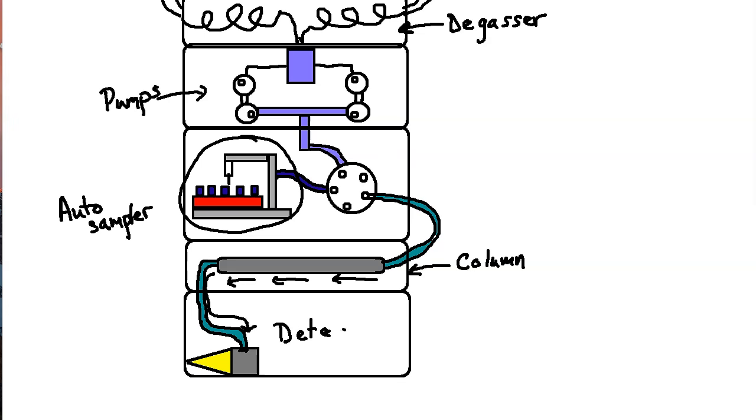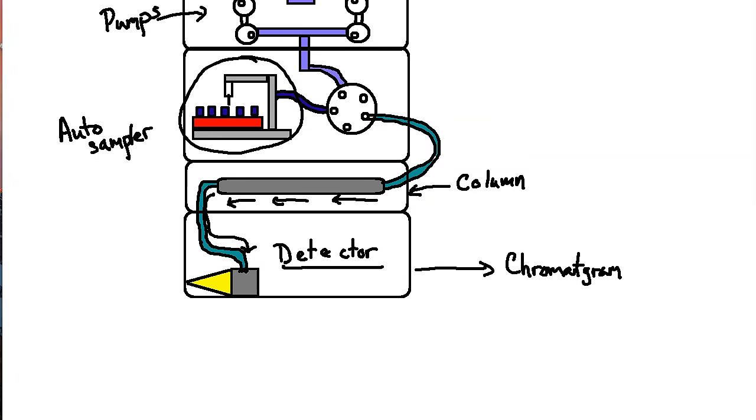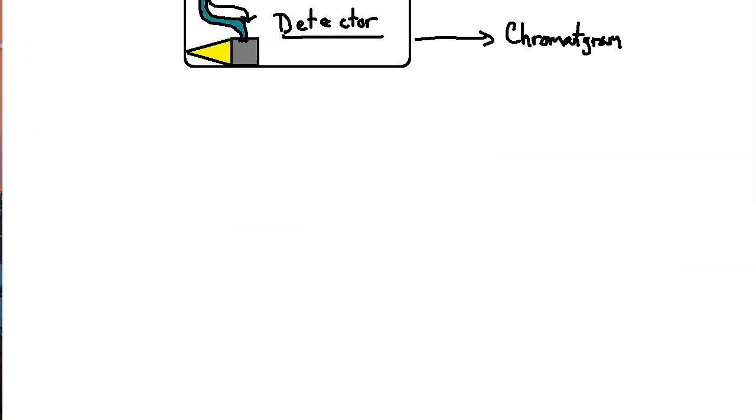Those are probably the two most common. When you hit the detector, that is where the signals are going to be received, and then you can output into a chromatogram. The chromatogram is the actual printout that you would be looking at, where you have the peaks and their retention times, and that is the final step for the HPLC.